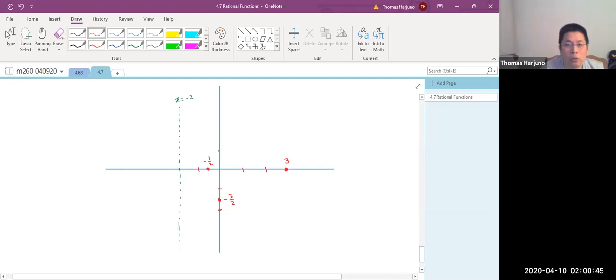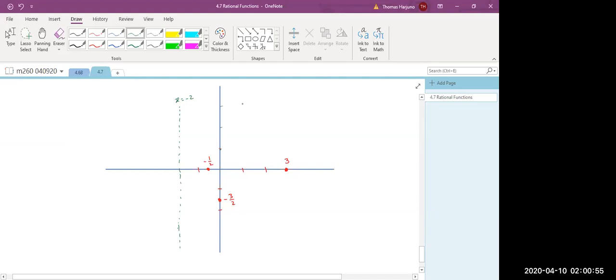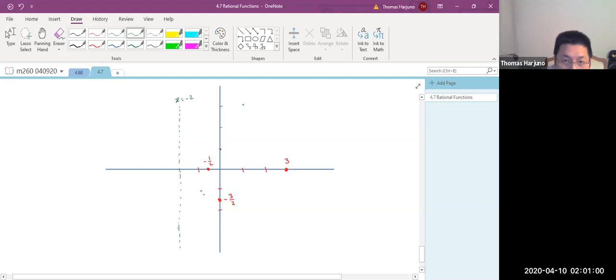That one is a bit harder to graph, but I try to graph that anyway. The y-intercept is 0, 1. The slope is 2. So the slant asymptote is approximately something like this.